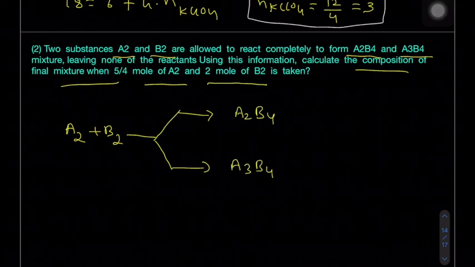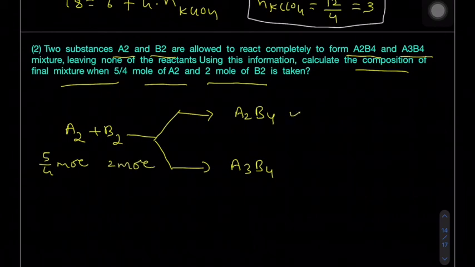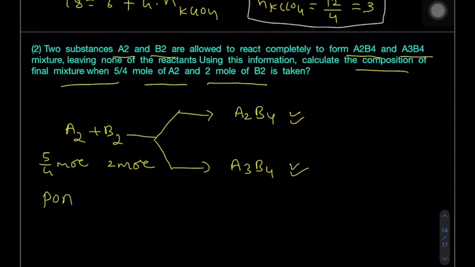Initially you have 5/4 moles of A2 and 2 moles of B2. The question is how many moles of A2B4 and A3B4 will be formed. Same concept, apply POAC. Here A2 and B2 both are completely consumed.